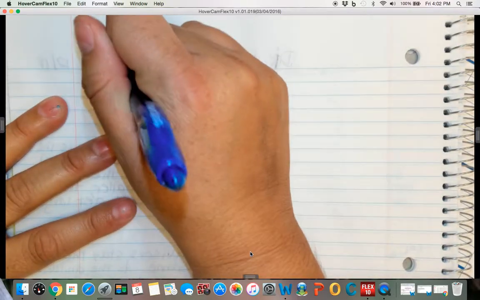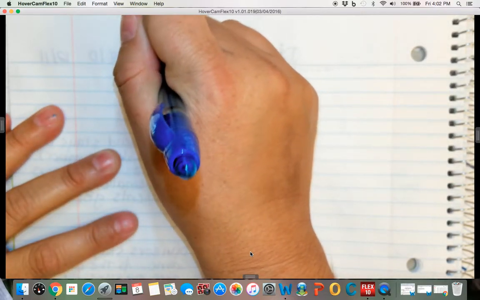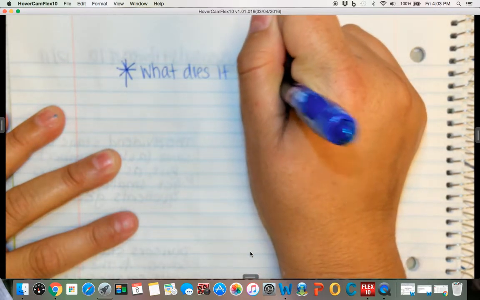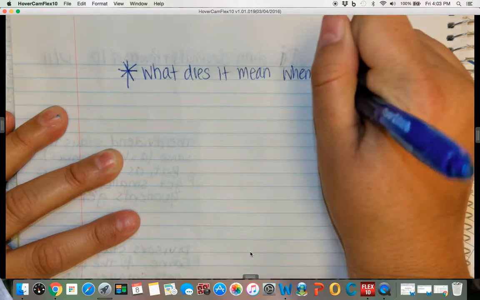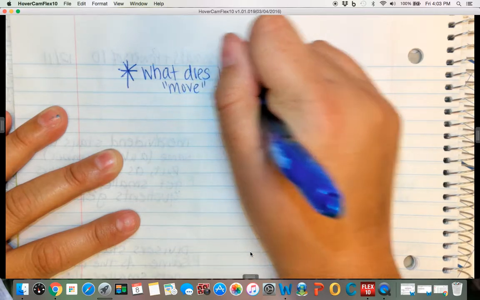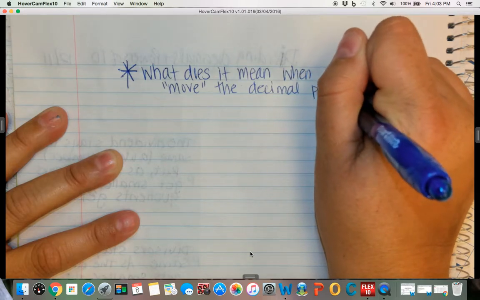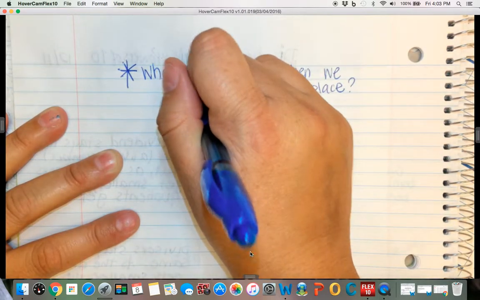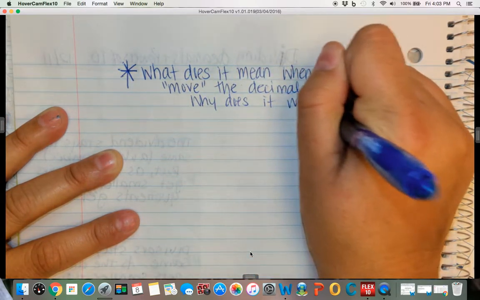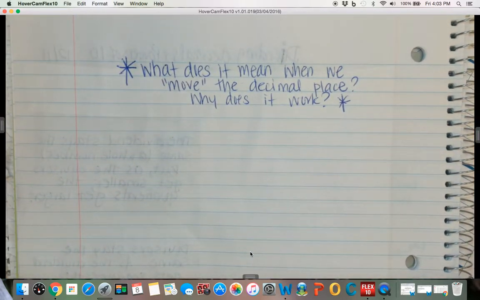And here is the main idea of what we're doing. What does it mean when we move the decimal place, and why does it work?